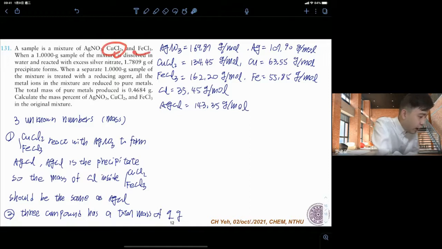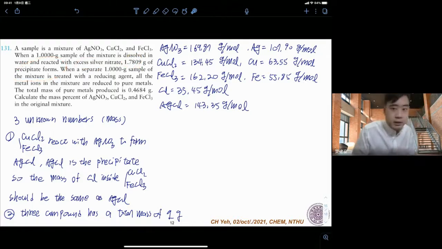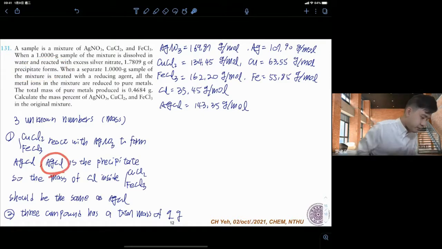They will react with silver nitrate and form silver chloride, AgCl. When they react with excess silver nitrate, 1.7809 grams of precipitate forms. The precipitate, 中文来讲的话就是析出, is the silver chloride.